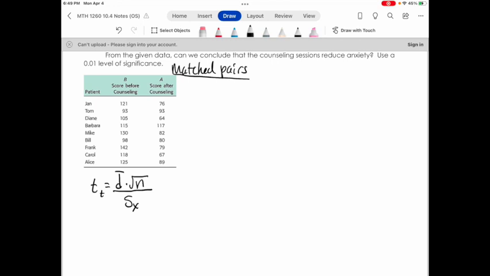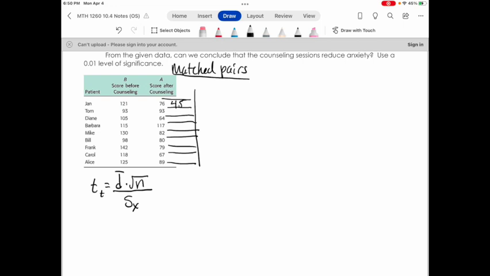Now that D bar is going to come from the differences between the matched pairs. What we're going to do is find the difference. I'm going to extend over here and create a third column, and this third column is going to give us the differences between these matched pairs. And then when I average all those values, that's my D bar. So I'm going to take the difference between 121 and 76. That gives me 45.